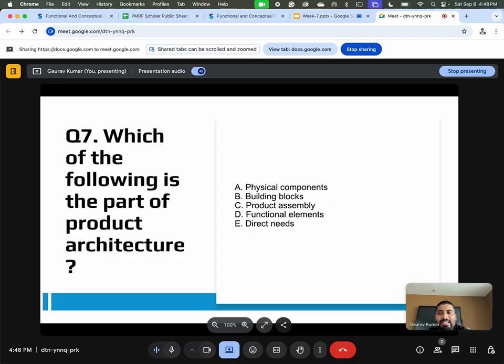And product assembly is more of a manufacturing activity, not a part of product architecture. Direct customer needs are already translated into functions before architecture. So thus the three true components are physical components, building blocks, and functional elements.